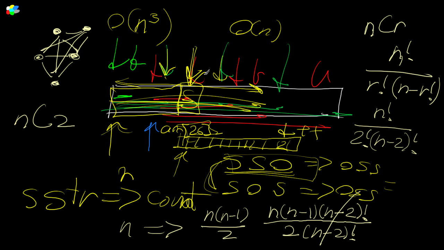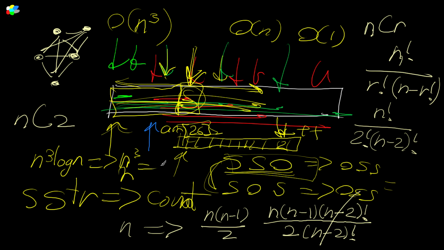We just have to look at the one that was added and update the existing count. So now, for every substring, for every inner loop operation, that's just big O of 1. So we've gone from n cubed log n to n cubed to now n squared. So we can do this in n squared, which is obviously much better than n cubed log n.